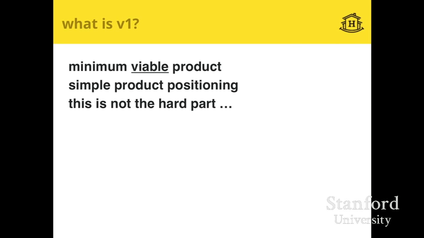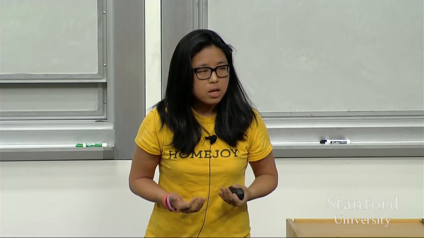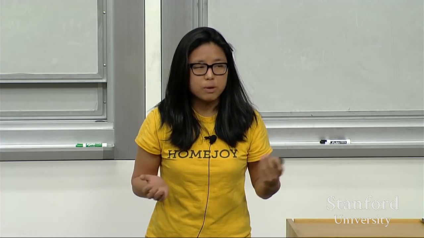And the second thing is, before you put things in front of a user, you should really have a simple product positioning down. What I mean by that is you should be able to go to a person and say, hey, this does X, Y, and Z within a sentence. For example, at Homejoy, we started off with something super complicated.